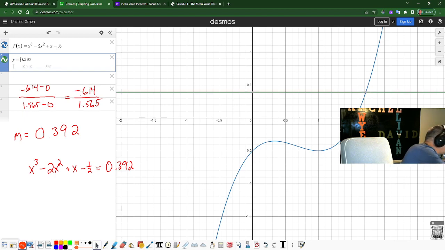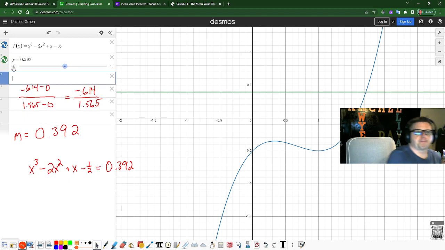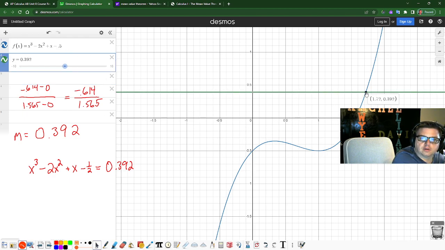Let's do y equals. We have that, because that was our solution for the slope, which is, remember, dy over dx, so that would be f prime. That's why we did y equals this, because if this is our function, it's really f prime equals this function. So our y values are f prime values. And there we go. 1.72 is where these two intersect.